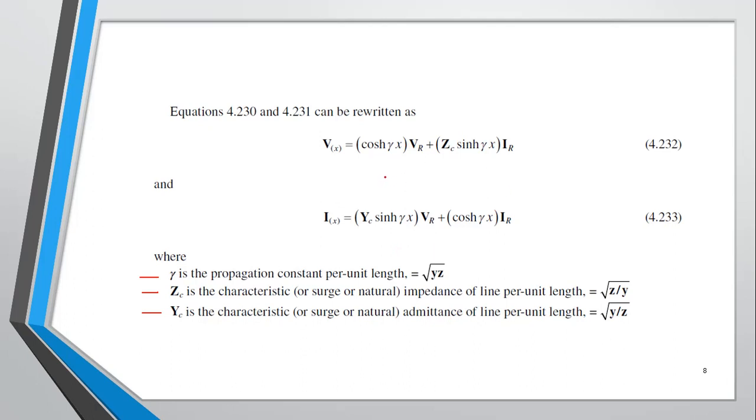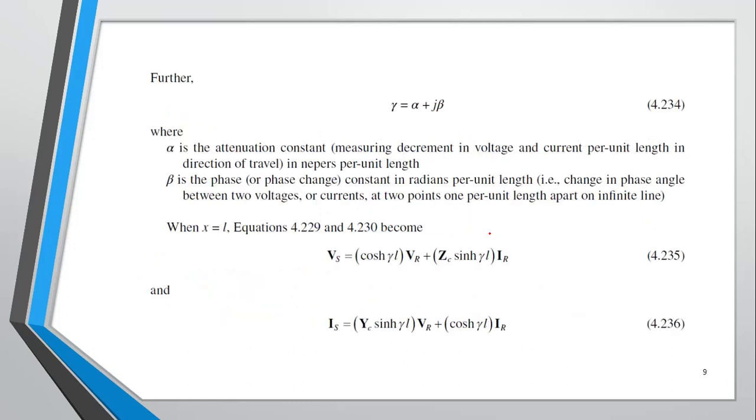From this equation we can also get that this parameter is A, this parameter is B, this parameter is C, and this parameter is D. So we get the ABCD parameters.